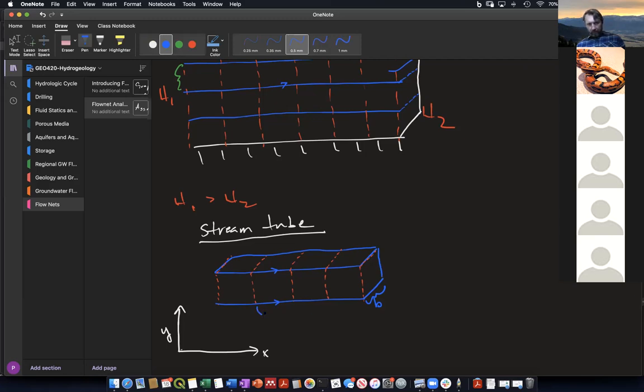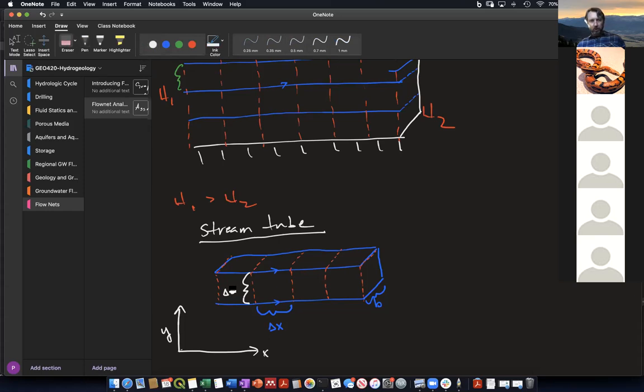So let's call this dimension, which is the distance between head contours, delta X. The distance here between streamlines, let's call this delta Y. Actually, I'm going to change that.